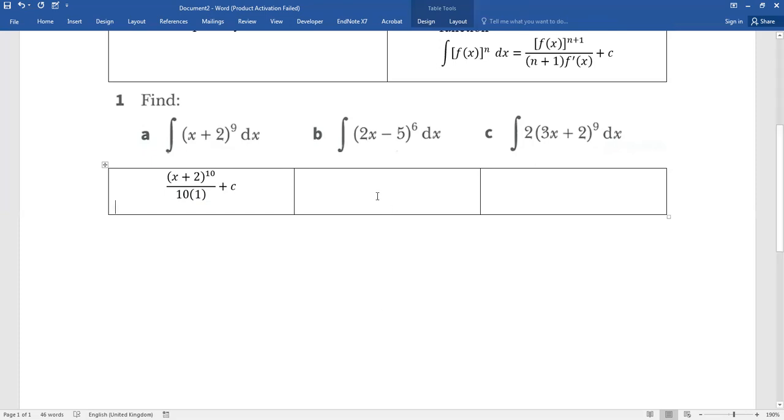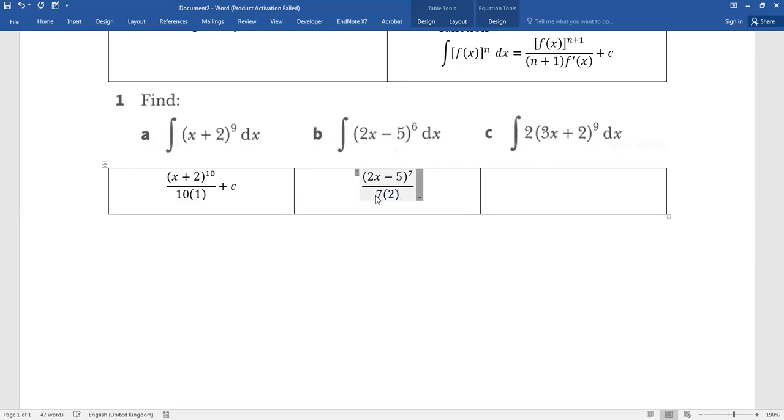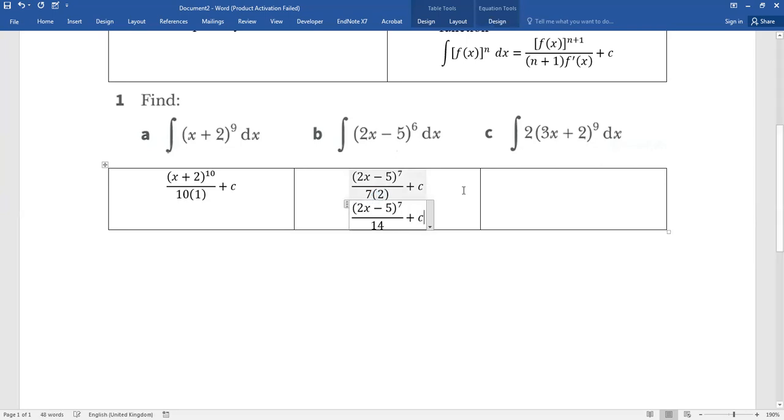What about the next one? So the power would be 7 and then divided by 7 multiplied by 2. So I can just write 14. 2x minus 5 to the power 7 over 14 plus c. So what about this one? Again, 2 is just being multiplied, I don't need to worry about that.